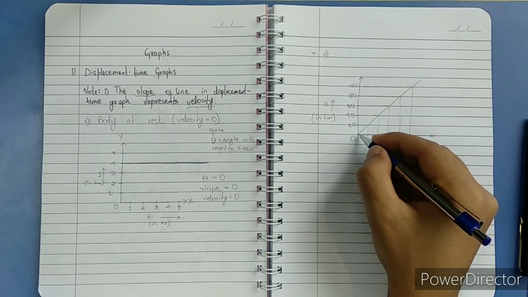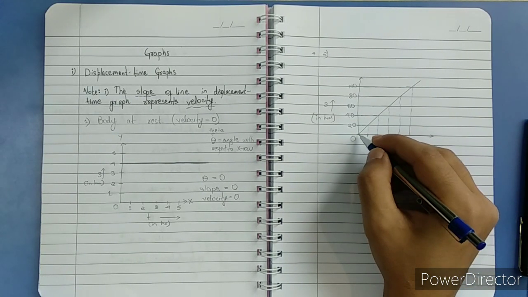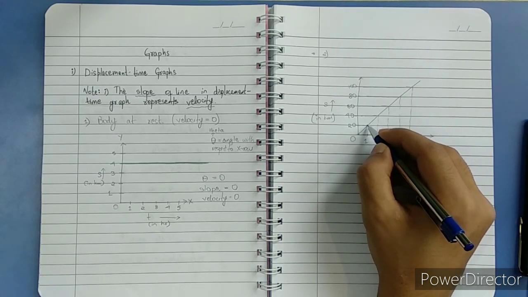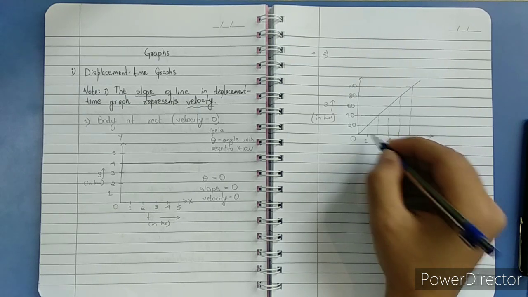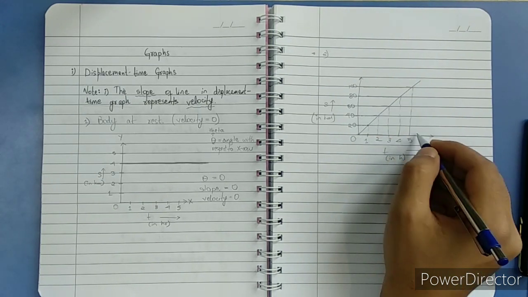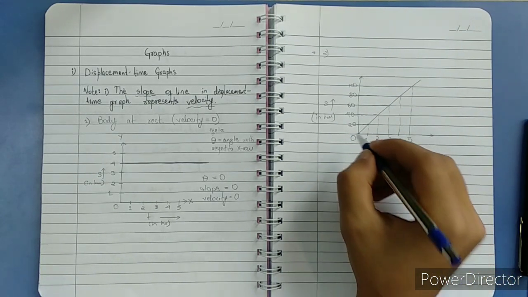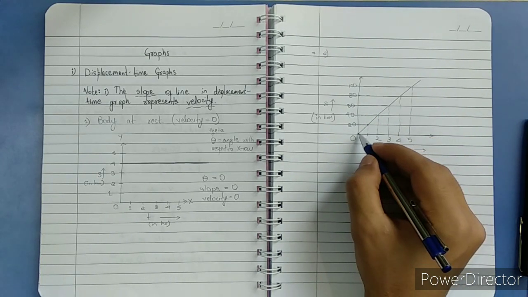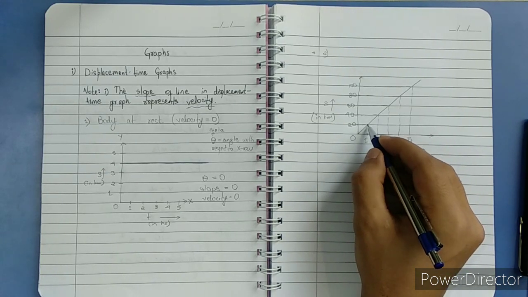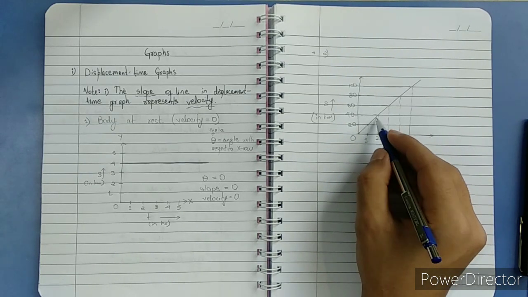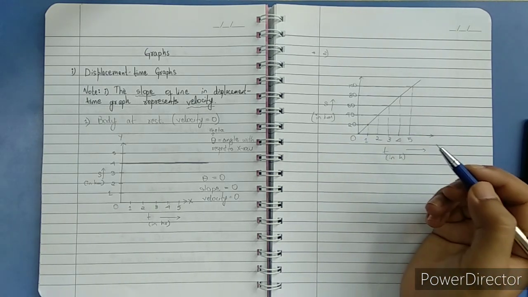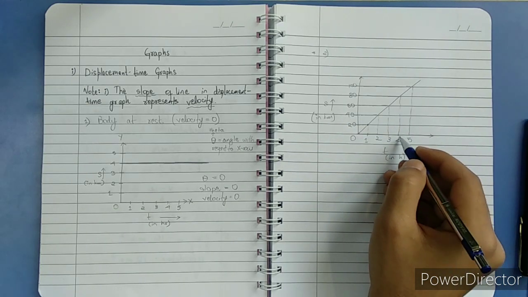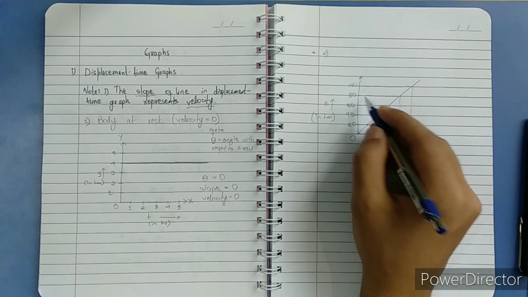The body is starting from 0 and it travels 20 kilometers, say this point. This point takes 1 hour: the x-axis represents time in hours and the y-axis represents distance or displacement in kilometers. So in 1 hour the body covers 20 kilometers, in 2 hours 40 kilometers, in 3 hours 60 kilometers, in 4 hours 80 kilometers.